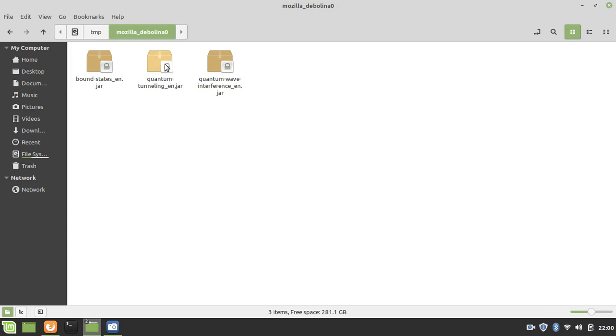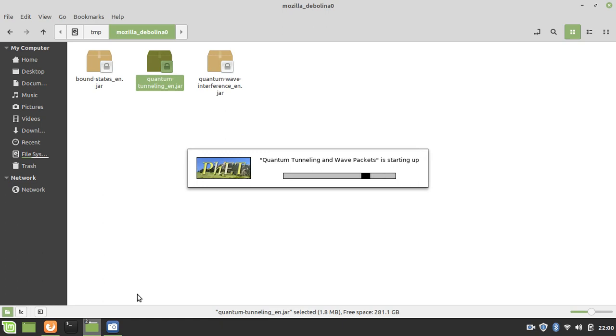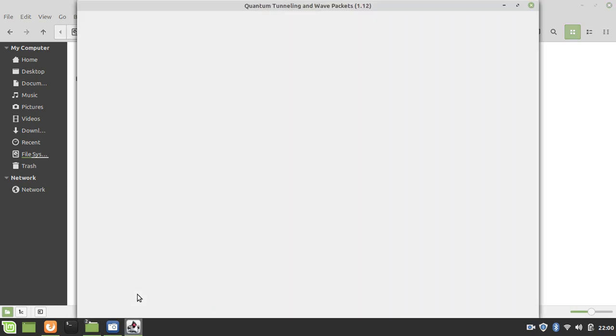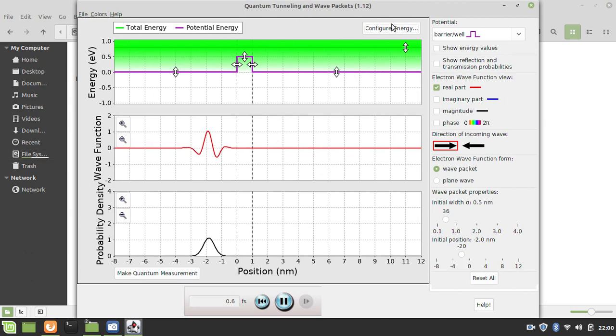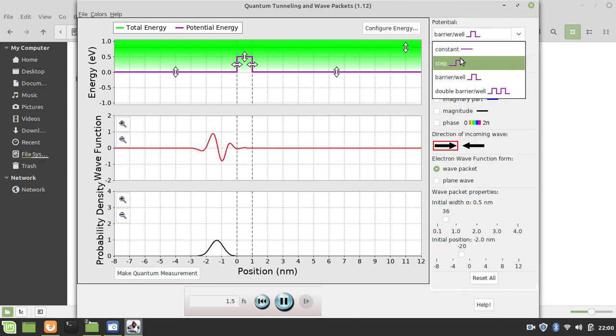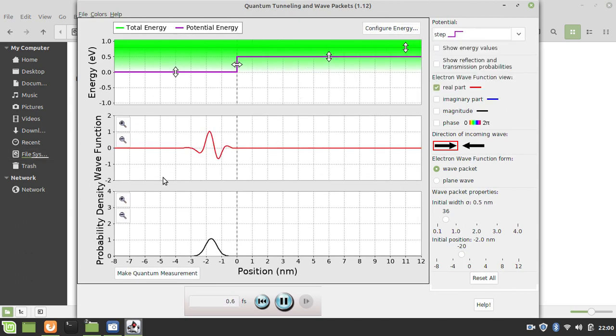Let me show you the quantum tunneling. Okay, so step potential, and energy is higher.